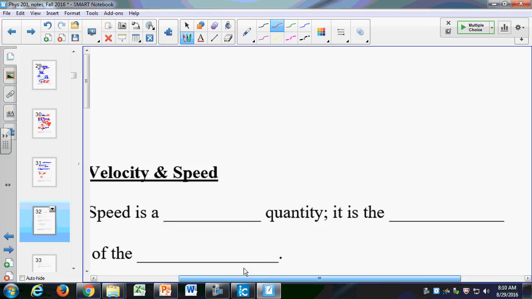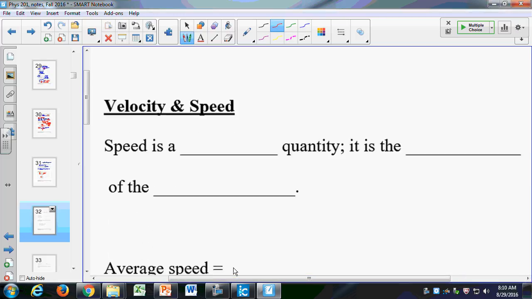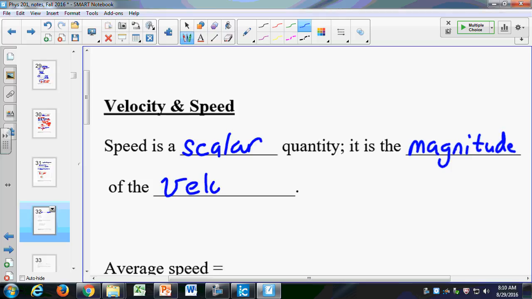Okay, let's look at velocity and speed. I'm going to go through and we'll define what each of these are. So as we said, speed is a scalar quantity. It is the magnitude of the velocity. And we'll define speed in some other ways as well. We'll look at average speed, which is the speed over a particular interval. But if we're thinking about the velocity as having a magnitude and a direction, then you can think of the magnitude of that velocity as simply being the speed.